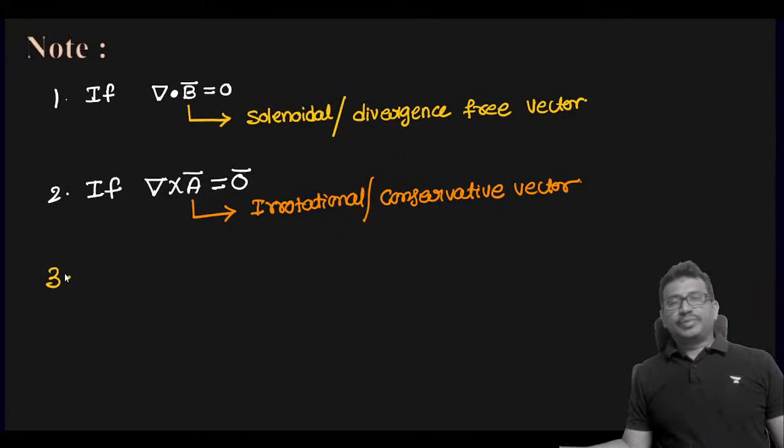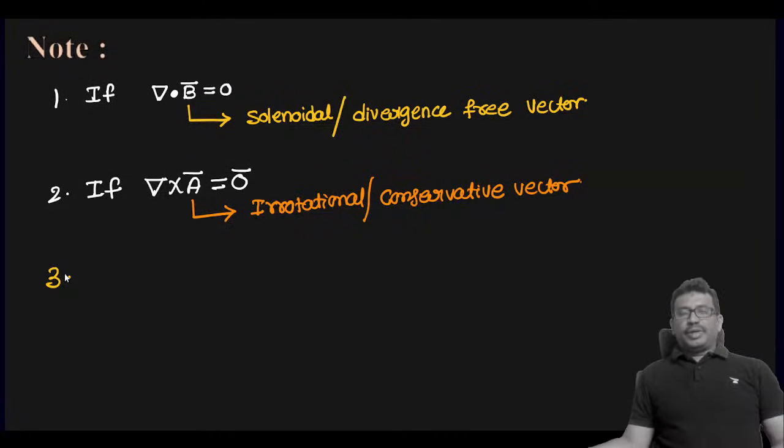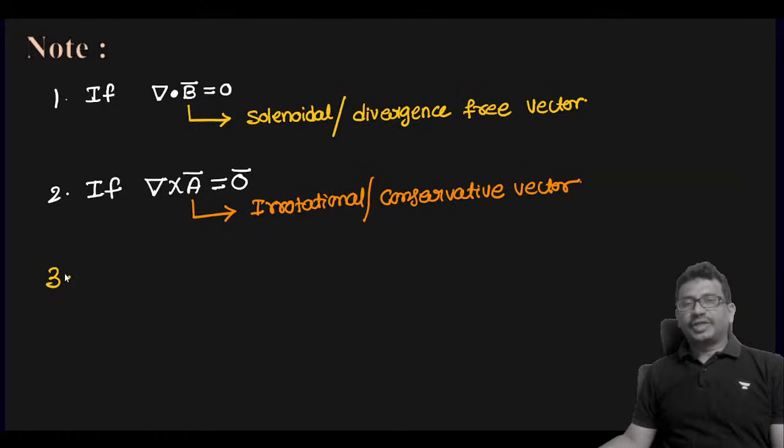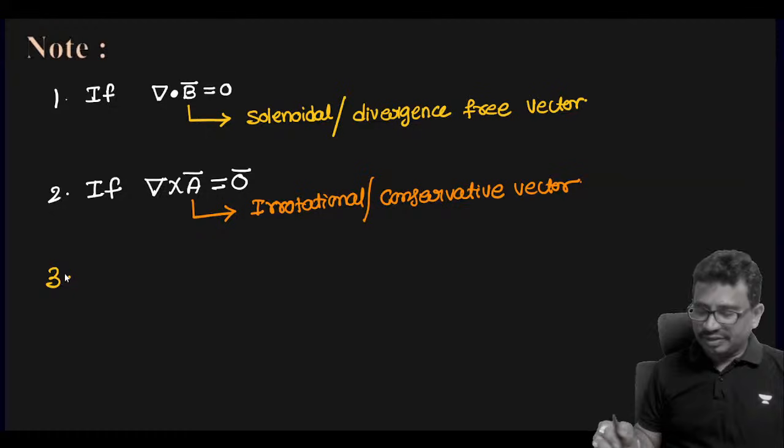And conservative means what? Independent of the path. If the line integral is independent of path, then we can call that a conservative vector.